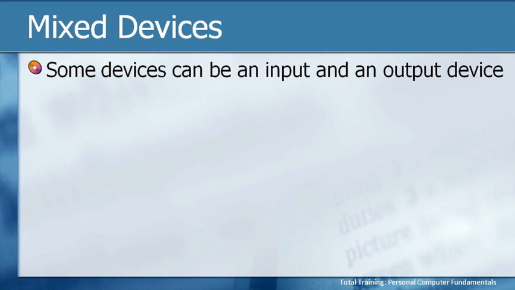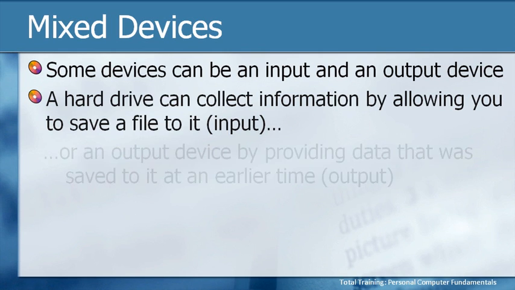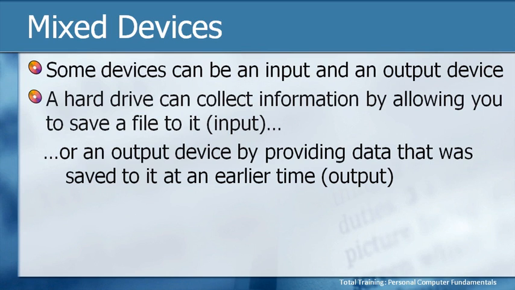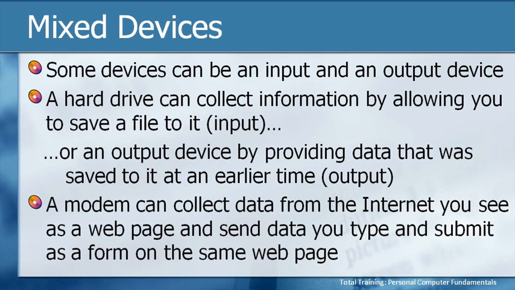Sometimes devices, though, actually can do both things. Some devices can be both an input and an output device. For example, a hard drive can collect information by allowing you to save a file to it. That's inputting information. But a hard drive can also be an output device by providing data that was saved to it at an earlier time. So if I saved a file last week and now I want to go retrieve that file, the process of retrieving it is an output. Another example would be a modem, and we'll talk more about modems when we talk about networks and the internet.